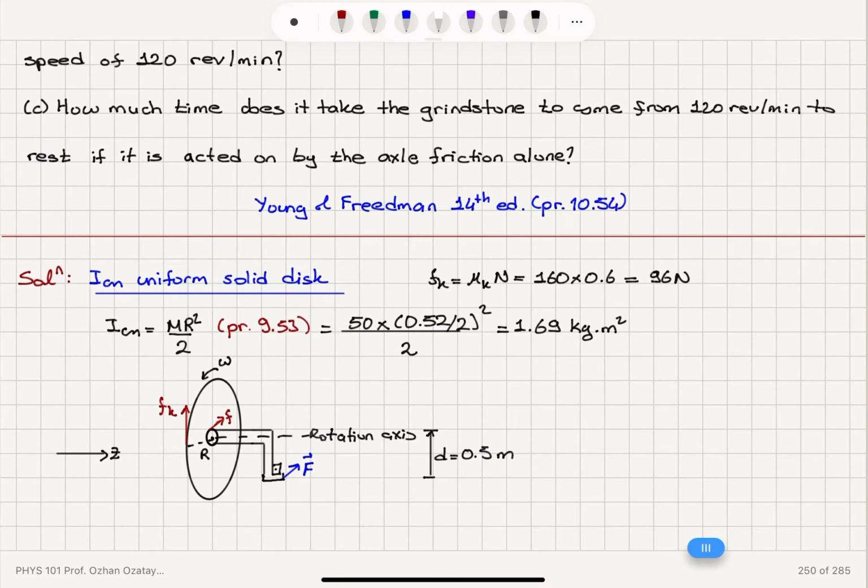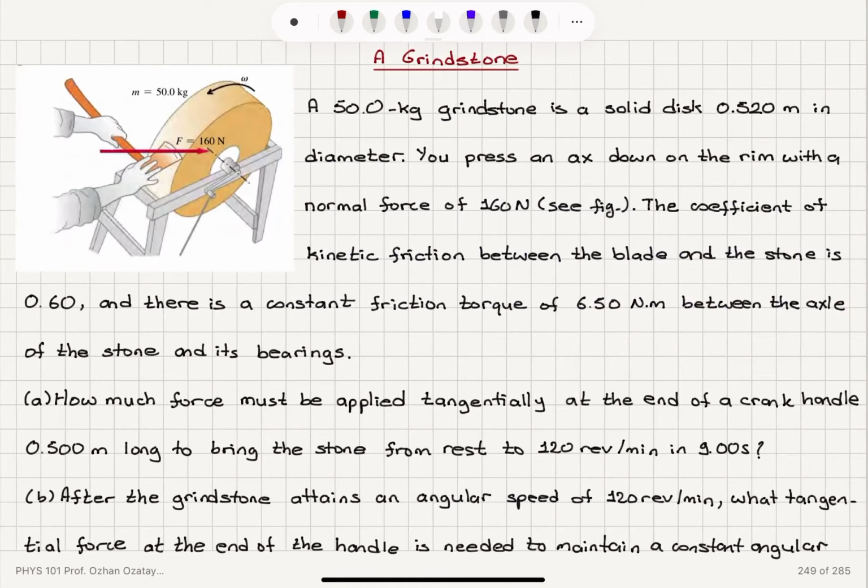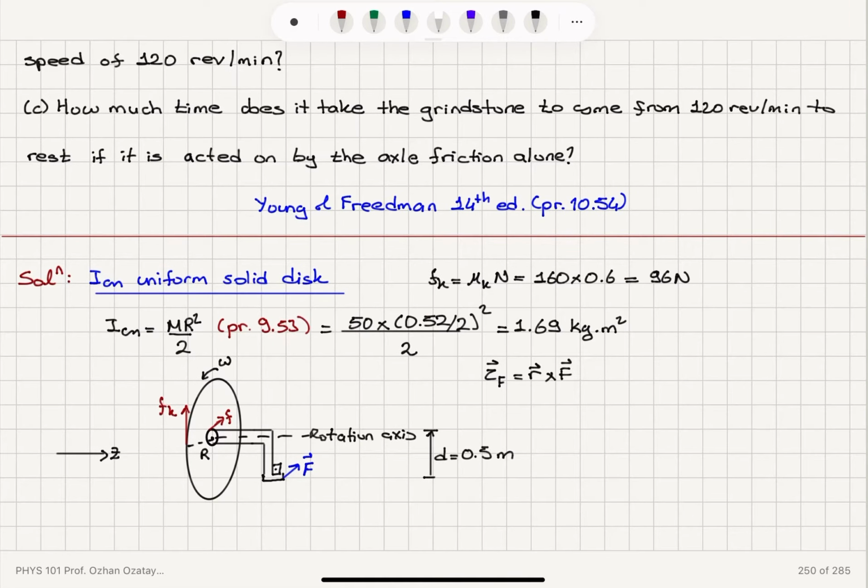So if we look at the torque being applied by this force F, the tangential force, it is R cross F. So R is the distance between the pivot and the application point of the force, so that is this distance d, 0.5 meters, which is equal to the length of this crank handle, 0.5 meters.